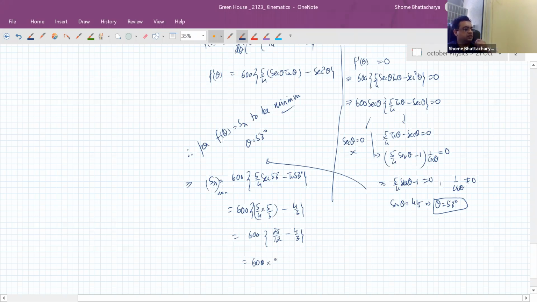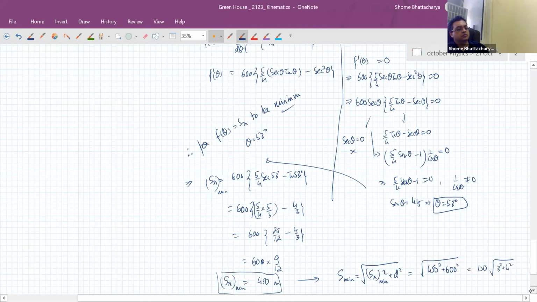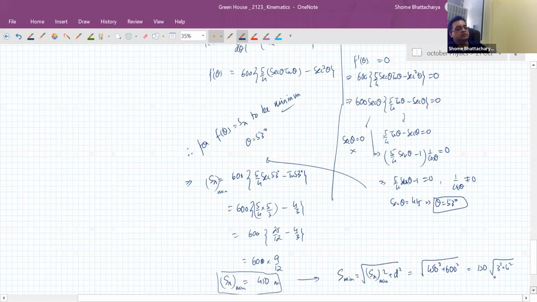So 25 minus 16, 9. So the minimum value of Sx is going to be 450 meters. So the minimum value of the displacement is 750 meters.